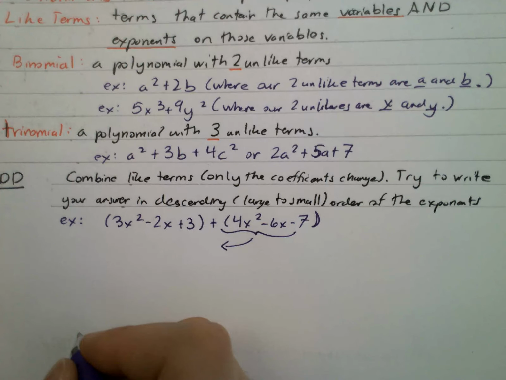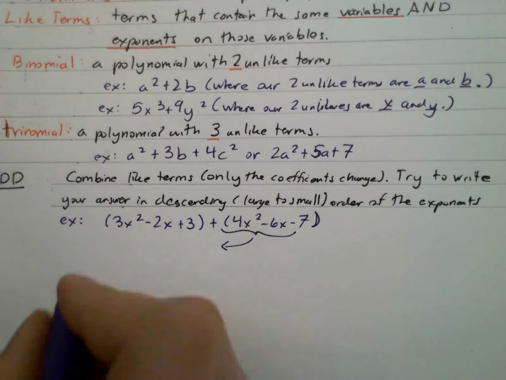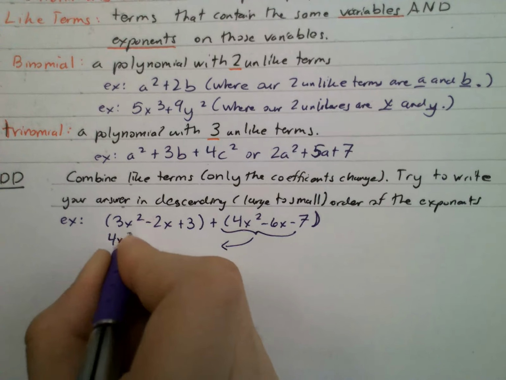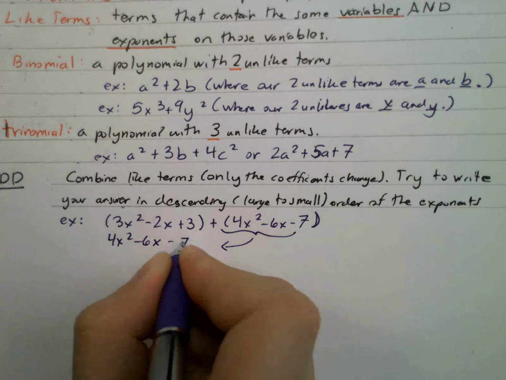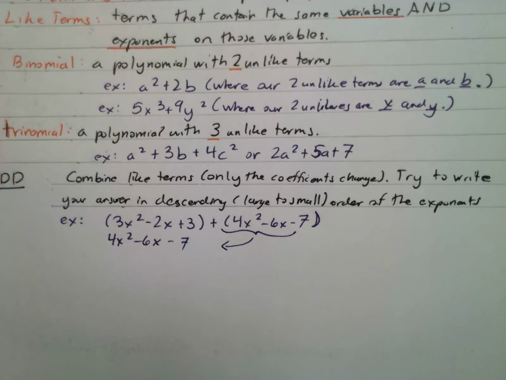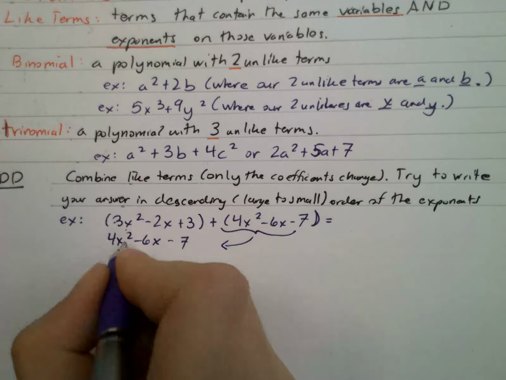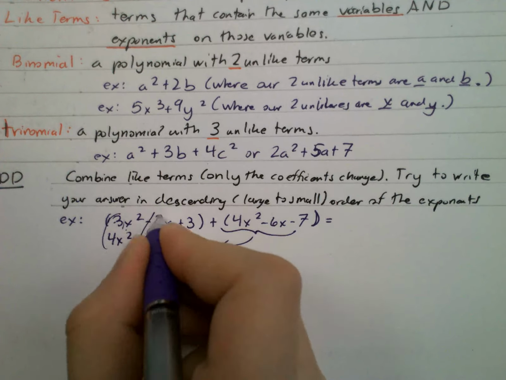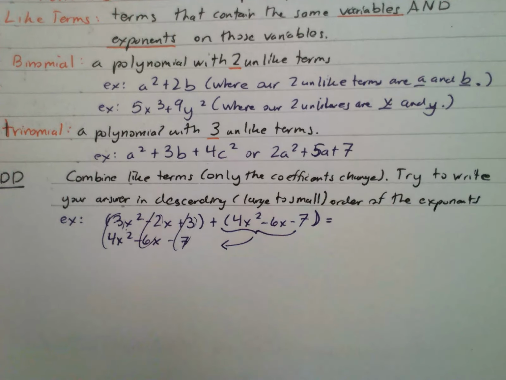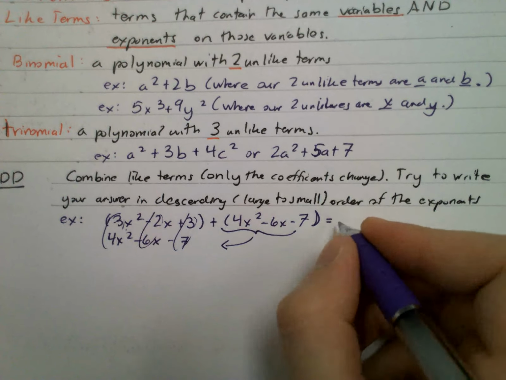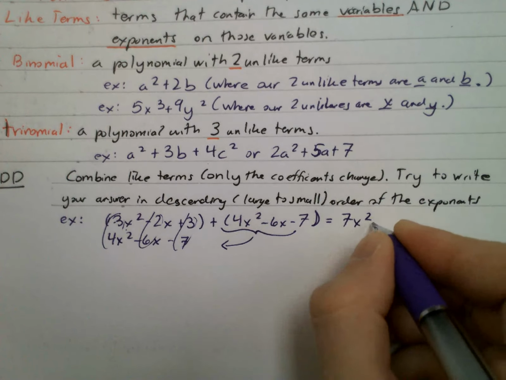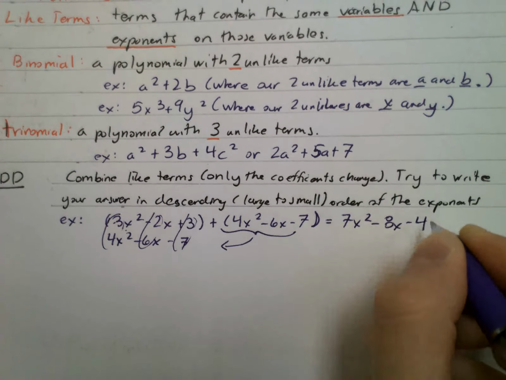Remember, write your answer in descending order. And the second is 4x squared minus 6x minus 7. There's no problem with rewriting it underneath so you have a better idea what's going on. Okay? When I add those, 3x squared plus 4x squared, remember, you're just adding the leading terms. You're not worried about the x's. The x's are along for the ride. And you should get 7x squared minus 4x minus 4.